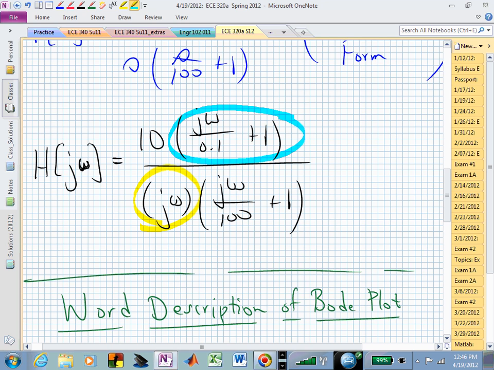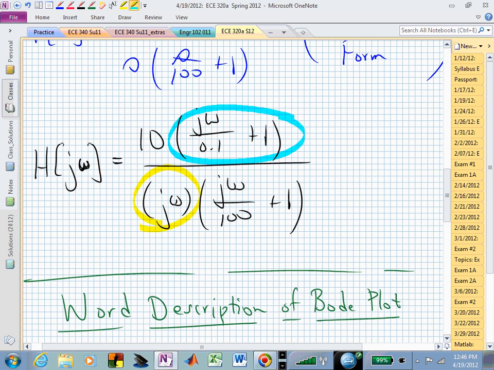For low frequencies, and by low frequencies I mean a decade below wherever this breaks, at the corner frequency 0.1, we simply multiply that frequency by 0.1, and we now know that for frequencies less than 0.1, we can approximate this complex number by simply the real piece of that complex number, which is 1. We take 20 log of 1, which is 0. We know we're at 0 dB for small frequencies, omega.